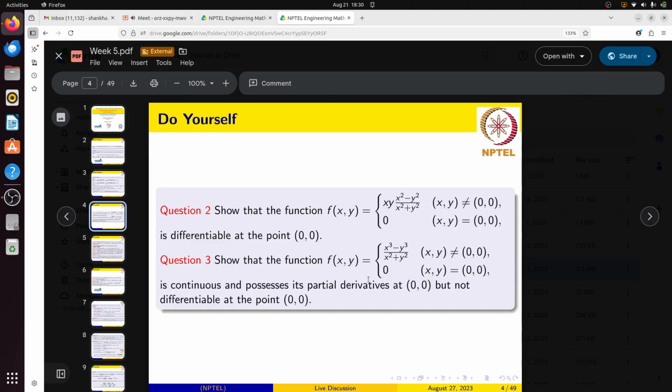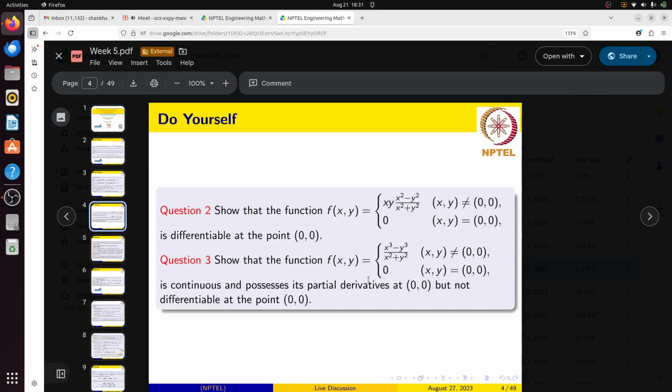So here the main problem is, if you write f(h,k) minus f(0,0), you will get 0 into h plus 0 into k plus h into h square by (h square plus k square) minus k into k square by (h square plus k square). So this h square by (h square plus k square) is your epsilon 1, and you can see that h square by (h square plus k square) does not converge to 0 as (h,k) tends to 0, because it will be path dependent.